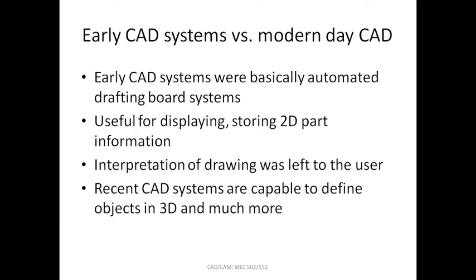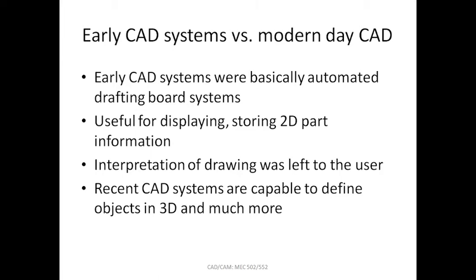Early CAD systems were basically automated drafting board systems. They were just systems to record your drawing, for example line, circle, etc. They were useful for displaying and storing 2D part information, for example information contained in an engineering drawing.